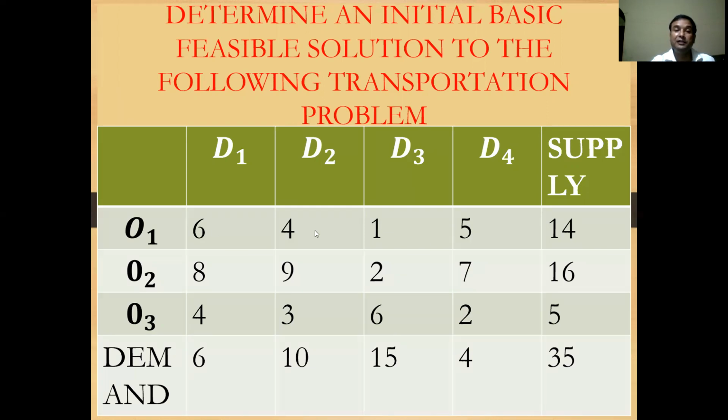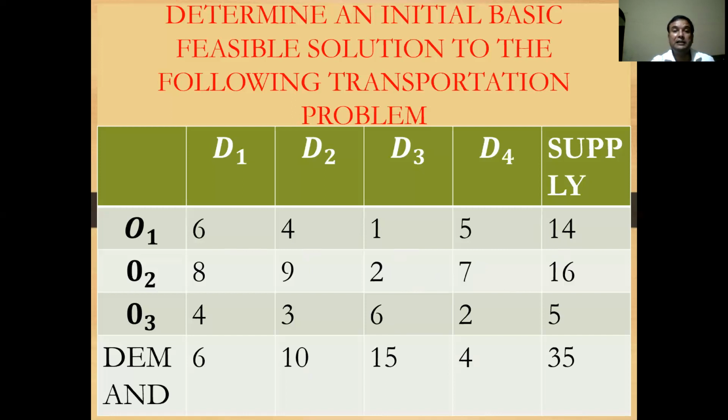These values are costs, and the 6, 10, 15, and 4 are the demands, meaning requirements. How we will distribute these requirements and the supply to different destinations will now be discussed.